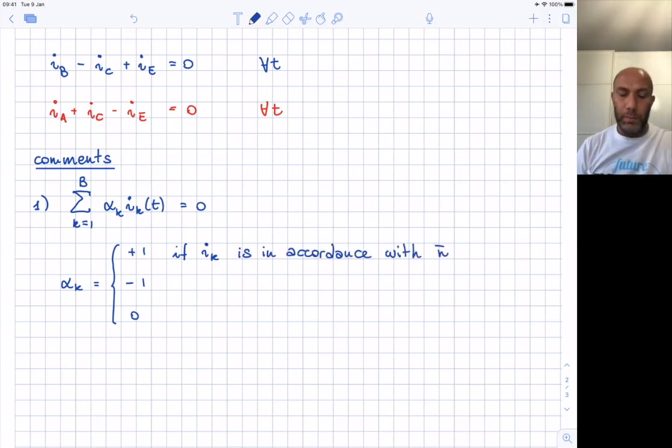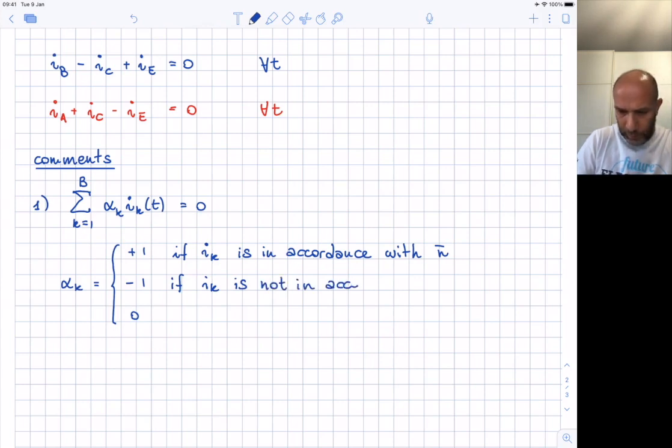It is minus 1 if ik is not in accordance with n. Alpha k is 0 if ik is not crossing the surface.